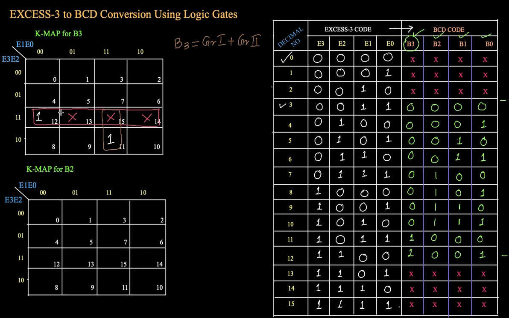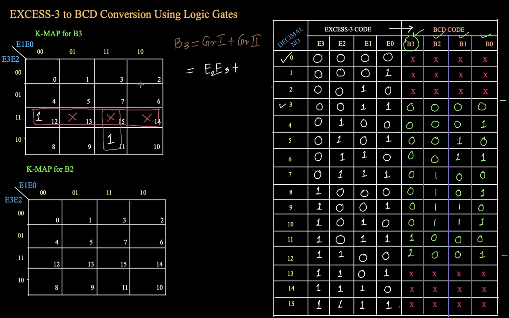E3 and E2 are constant over here, so it becomes E2 E3, and everywhere else it changes, so we cannot take the vertical column.